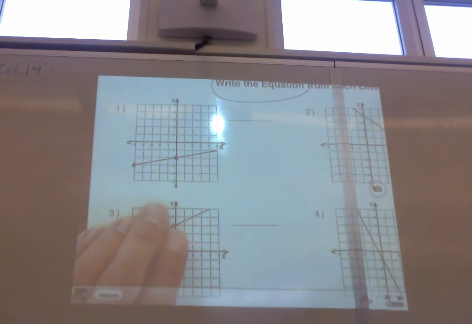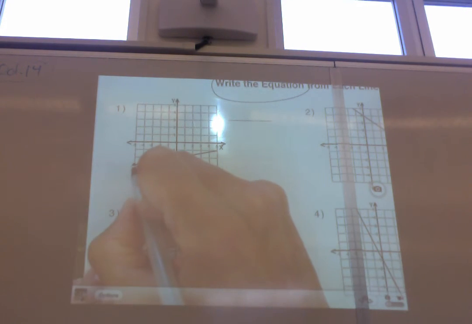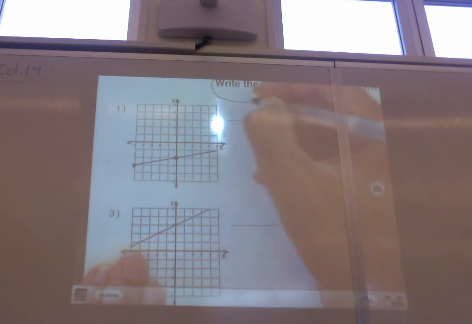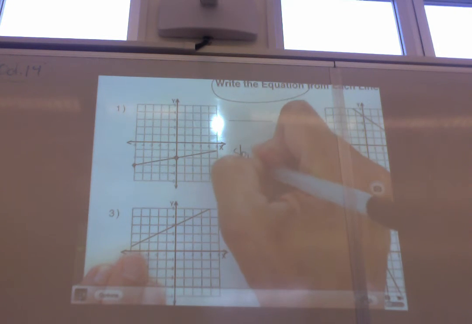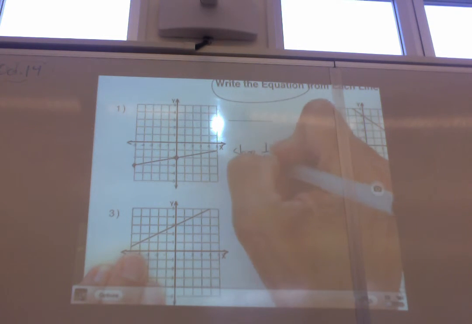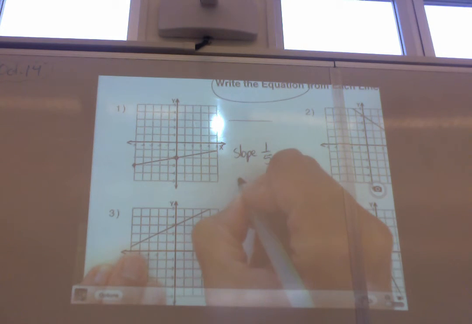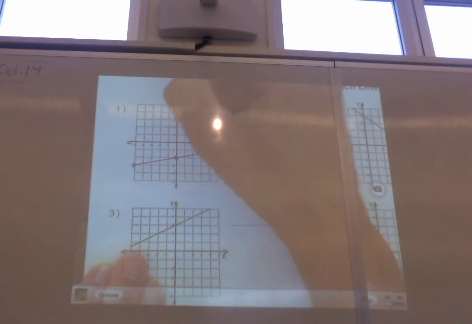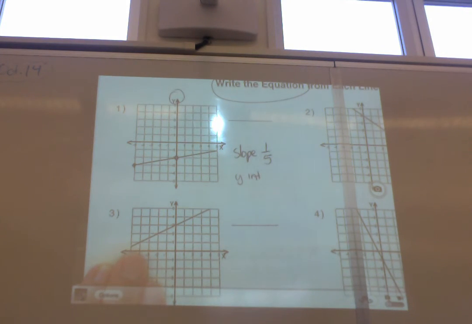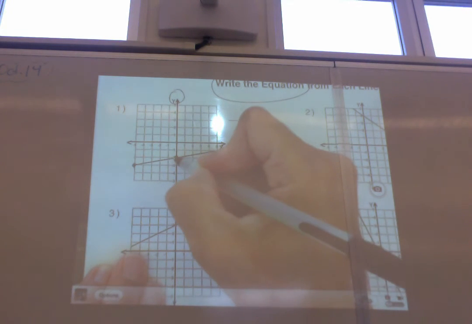I like these two. Working from left to right, I go up 1, over 1, 2, 3, 4, 5. This looks like slope 1 over 5. I also need y-intercept, and I look on the y-axis and say, where does it crisscross?